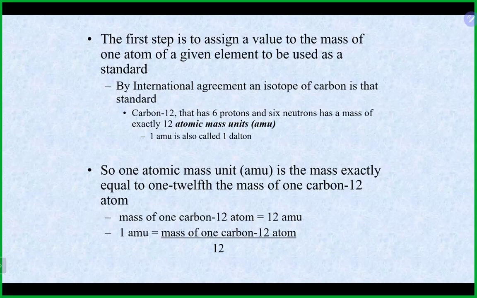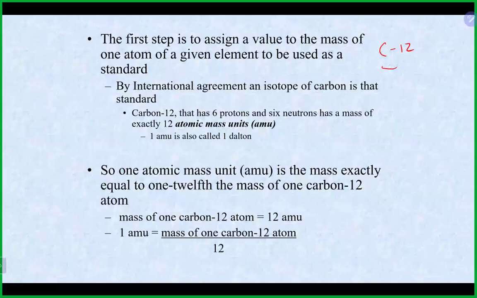And for atomic mass, they use an isotope of carbon, which is the carbon 12 isotope. And the carbon 12 isotope has exactly a mass of 12.00 AMU. And AMU is a unit of mass, which is known as an atomic mass unit. It's also sometimes called a Dalton.